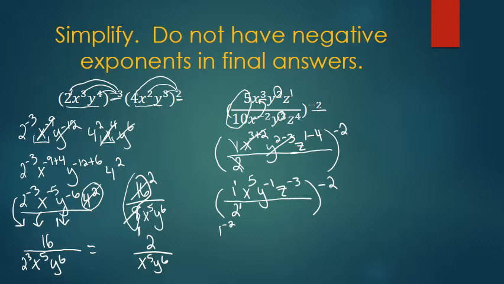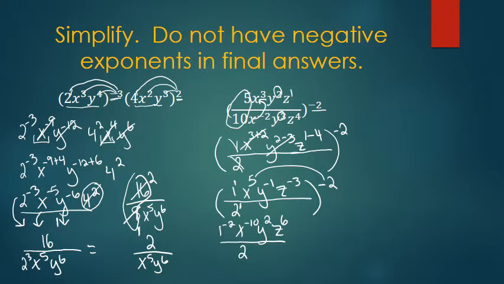So that will eventually either become 1 or go away. And then I have x to the negative 10, which is my 5 times negative 2. Y to the negative 1 times negative 2, which is y to the 2. And z to the negative 3 times negative 2, which is z to the 6. And that is all over 2.